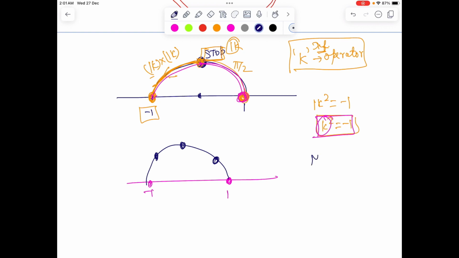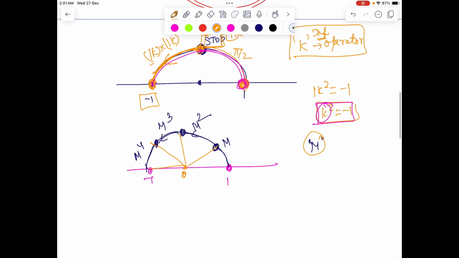So let's say I have m as an operator. You rotate it, you get 1m, rotate further with an angle, you have m square, rotate further, you have m cube, and then m to the power 4, right? Now with respect to O, we have stoppage 1, 2, 3, and 4. So in 4 stoppages, you are coming to minus 1.